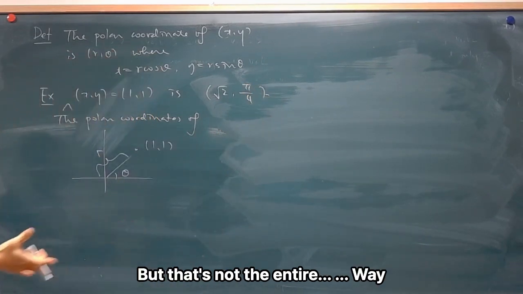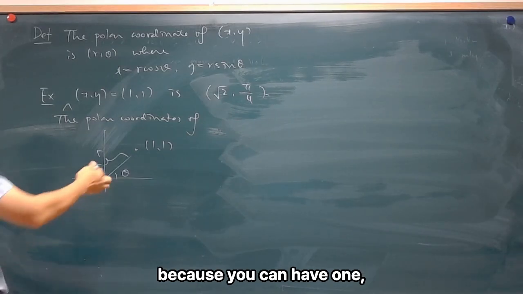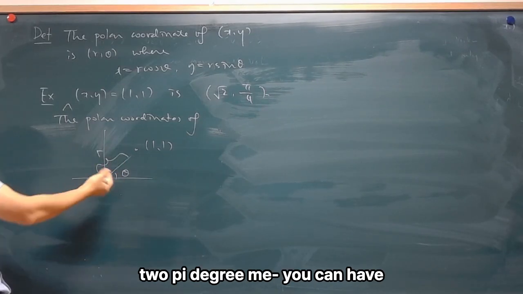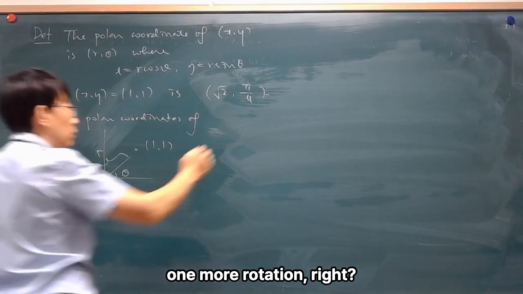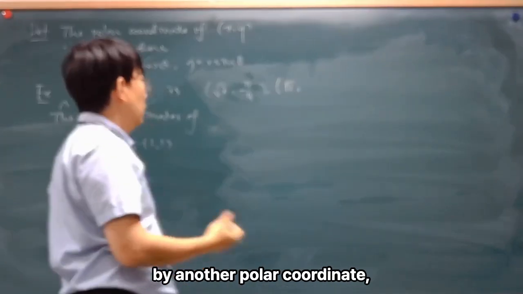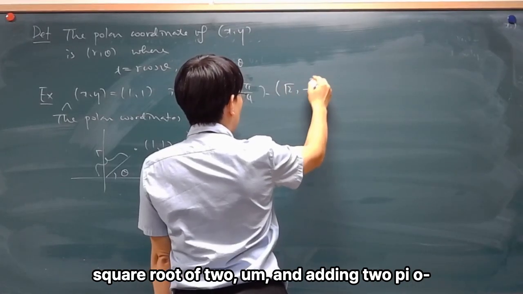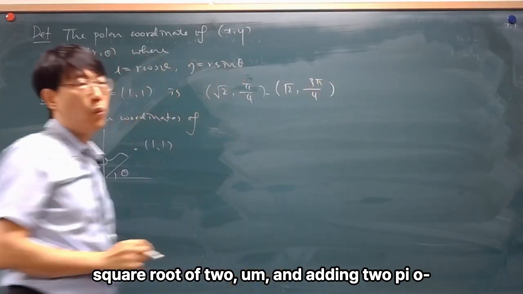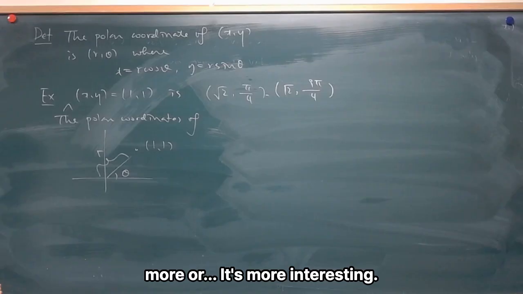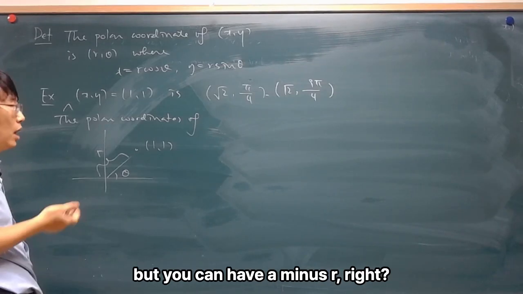But that's not the entire way to write down the polar coordinates, because you can have one more rotation of 2 pi. So you can also get the same Cartesian coordinate by another polar coordinate, square root of 2, and adding 2 pi or more. Or, usually we assume that r is positive, but you can have a minus r.